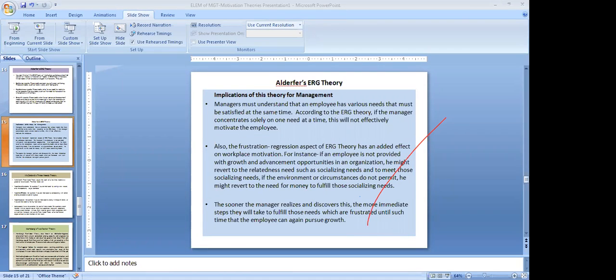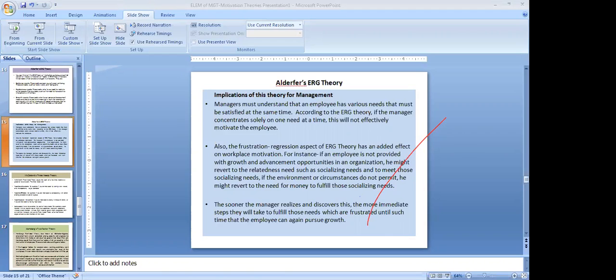The frustration regression principle, according to this theory, says that if a higher level need fails to be filled, then a person may regress or fall back and seek a lower level need instead. For example, if an ambitious employee isn't provided with growth opportunities, then their motivation will be lower and they may become frustrated.